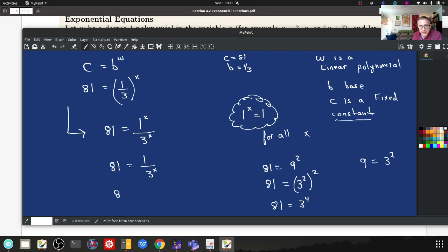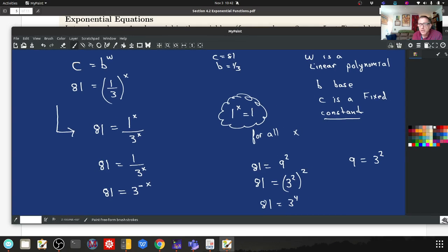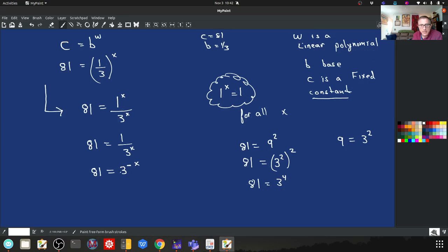So I'm going to rewrite what I have here using exponent rules. 1 over 3 to the x is the same as 3 to the minus x. Are you with me? Now the next thing I'm going to do is replace 81 by 3 to the 4th, which is equal to 3 to the minus x.